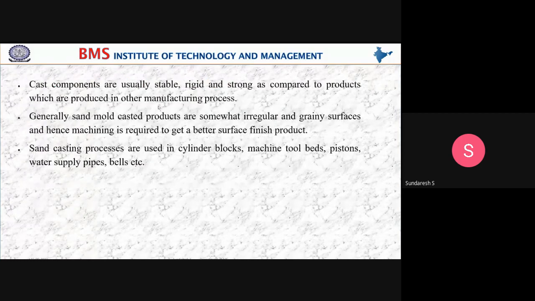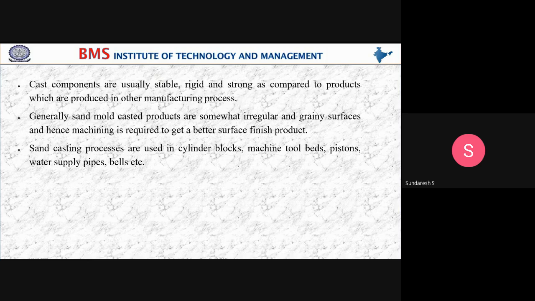And the cast components are usually stable, rigid, and strong as compared to products produced by other manufacturing processes. So three important properties: stable, rigid, and strong.